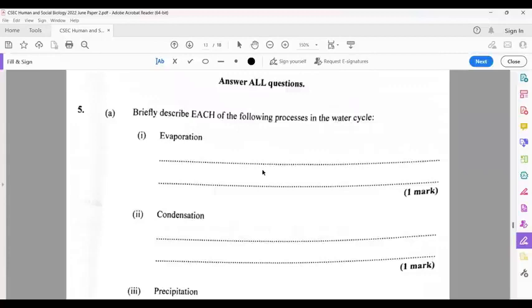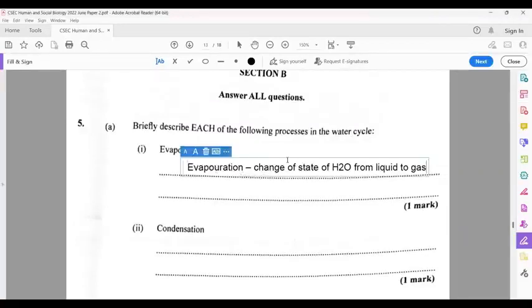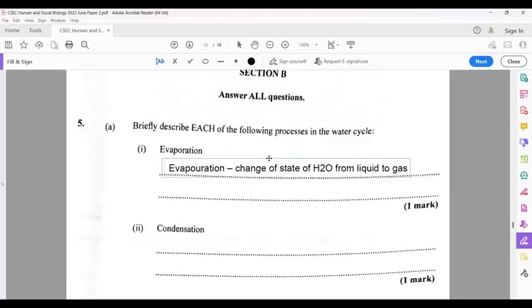So don't write a book, just give a brief description, which could be simply a definition for 1 mark. So evaporation, you know H2O is changing from liquid to gas. That will get you 1 mark.